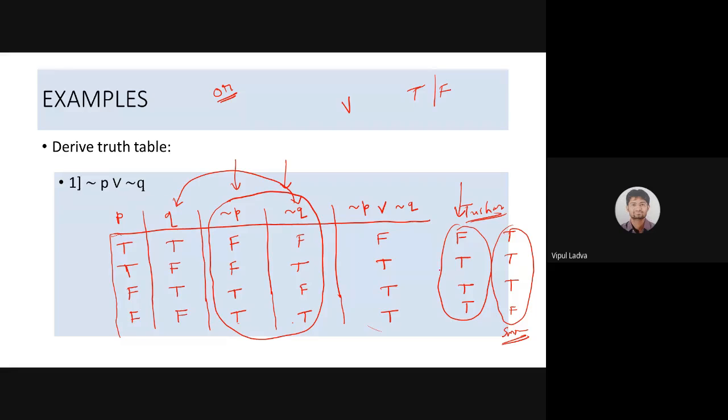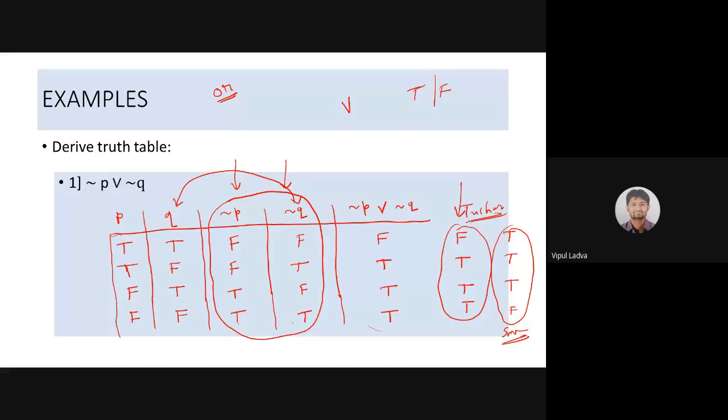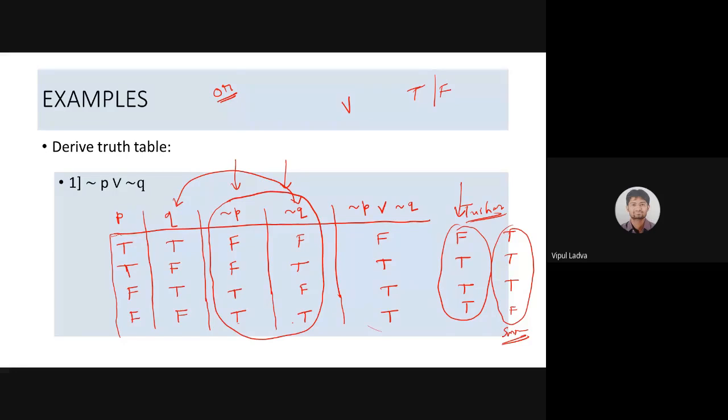Let me see whether Smriti is there or not. Sir, your screen is blinking. Yeah, just a minute. Let's see whether Smriti is there or not. Yes, Smriti.